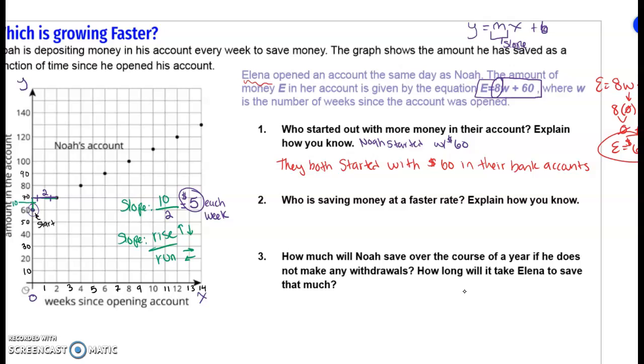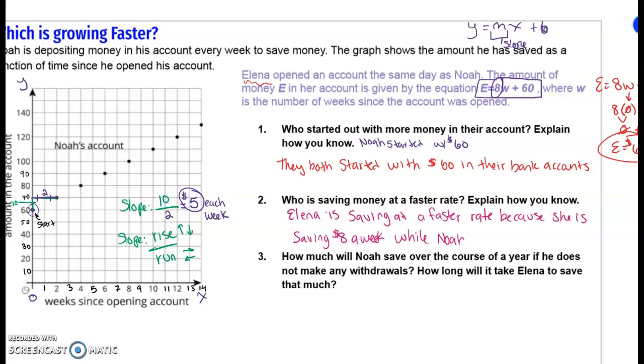So who's saving at a faster rate? Well, it's going to be Elena. So Elena is saving at a faster rate because she is saving $8 a week while Noah saves $5 a week.